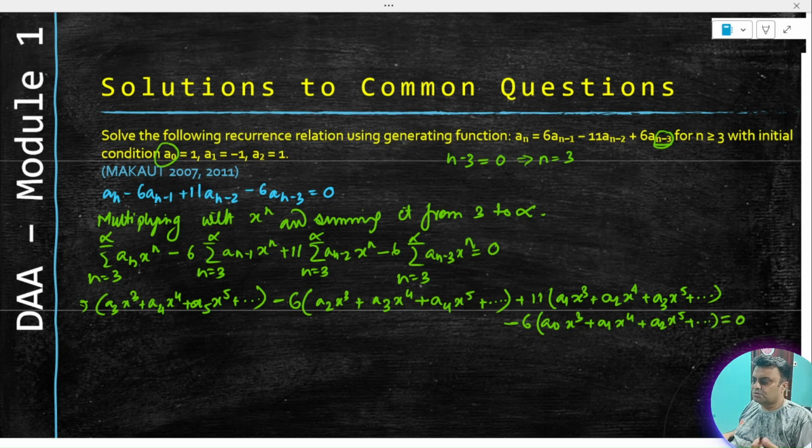So just substitute the value of n from 3 to infinity and you will get the coefficients of these terms. So now what do we need to do?